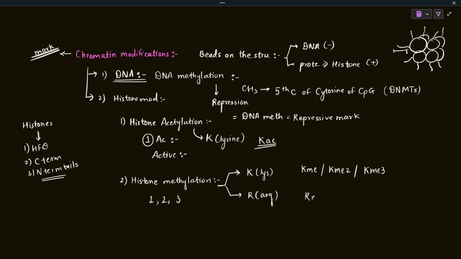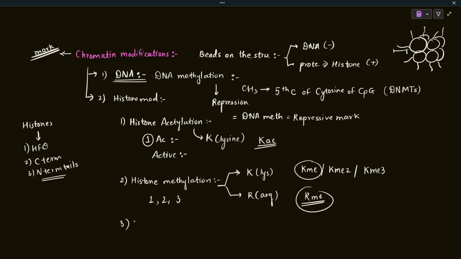Or you can add it on arginine as well. The arginine methylation is written as RME, while the methylation done on the lysine group is written as KME. On which histone it is done, we will take a look at in a chart.